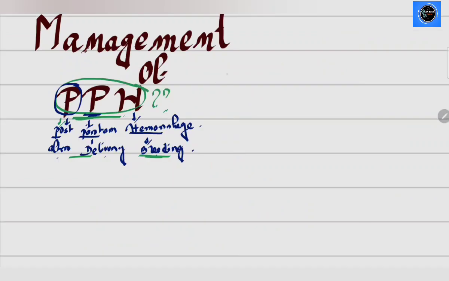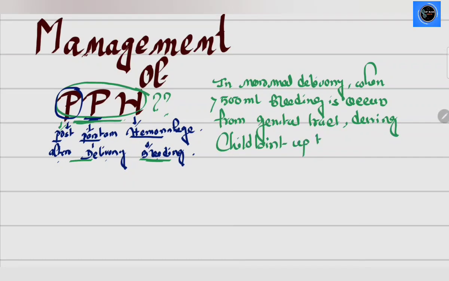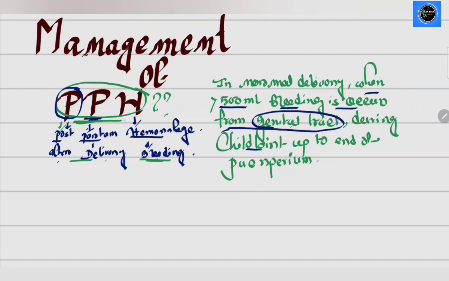So the proper definition is: in normal delivery, when more than 500 ml of bleeding occurs from the genital tract during childbirth up to the end of puerperium.